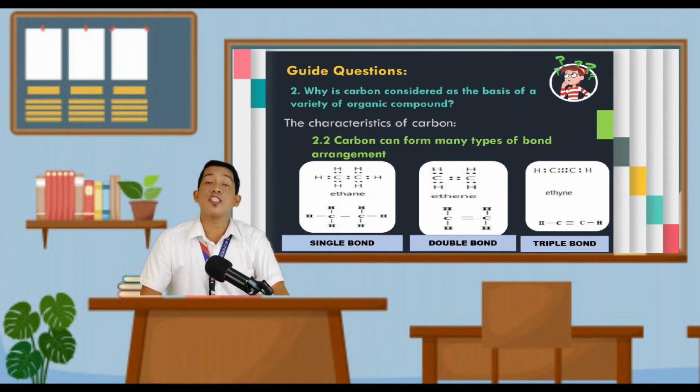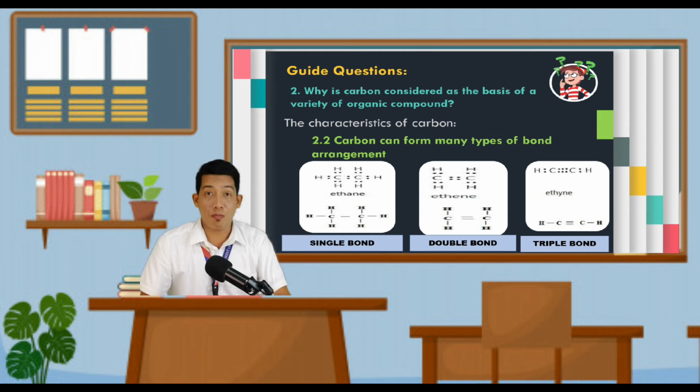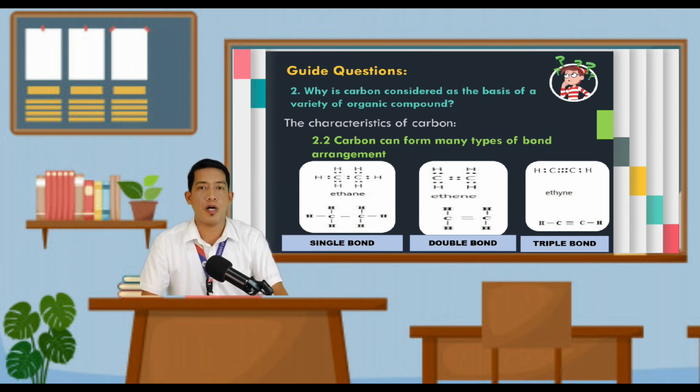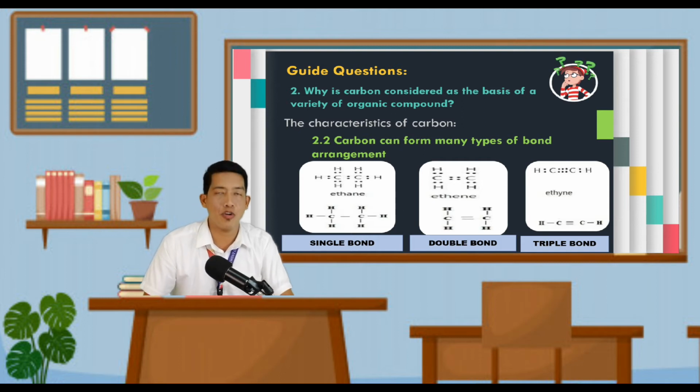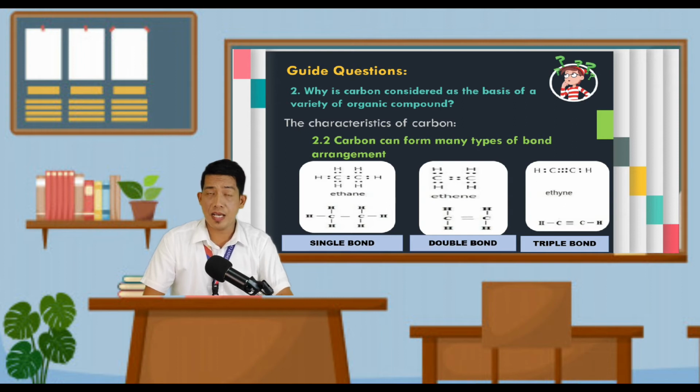Carbon has 4 valence electrons, so it can achieve a full outer energy level by forming 4 covalent bonds. When it bonds only with hydrogen, it forms compounds called hydrocarbons. Carbon can form single, as I said earlier, double, or even triple bond with other carbon atoms.